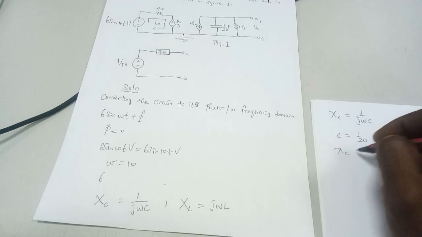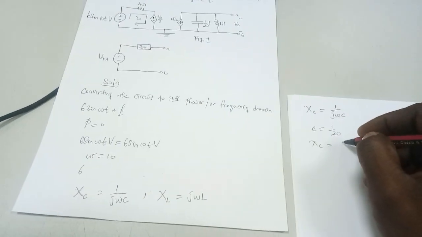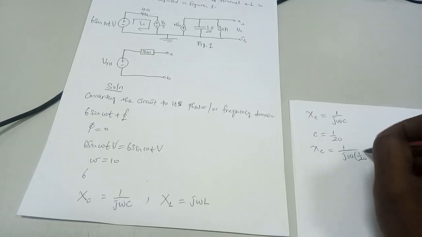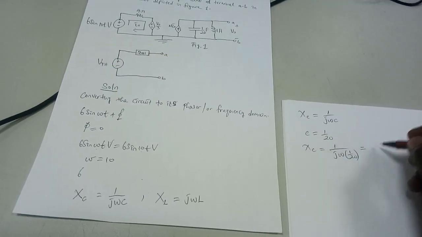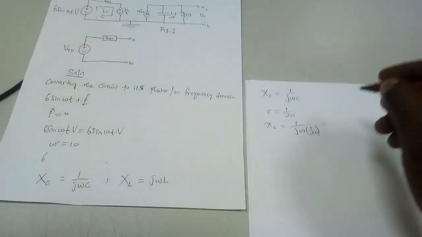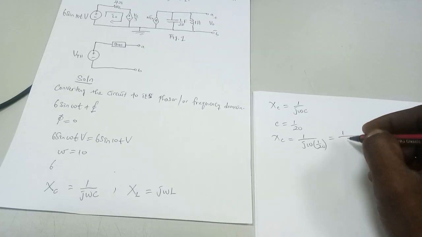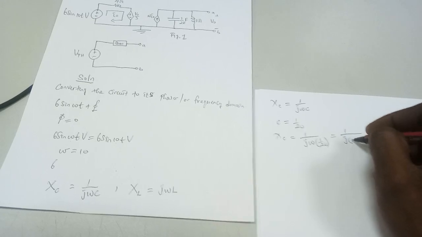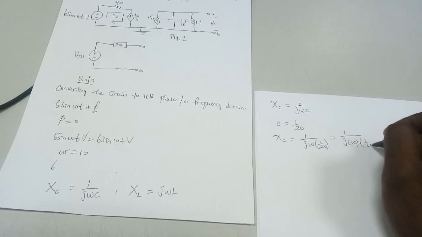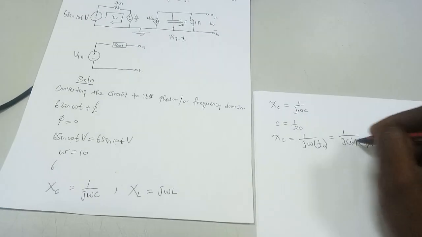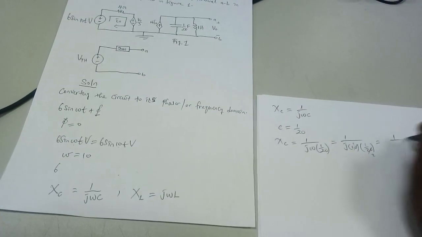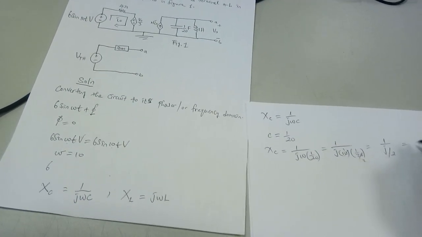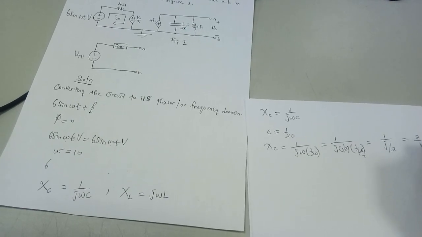So XC is equal to 1 over j omega times 1/20. When you do this, you have 1 over j, you know omega to be 10, times 1/20. So you have 1 over j divided by 2, which is equal to 2 over j.